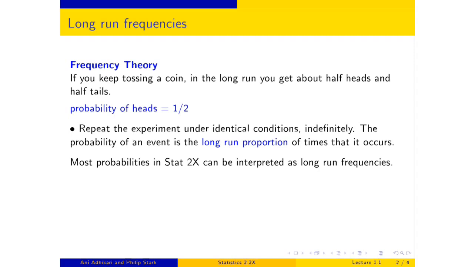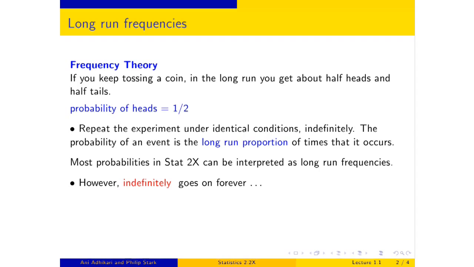With the caveats that indefinitely is a very long time, and we are all going to be dead long before indefinitely. So it's a nice idea in theory, but you really, in practical terms, are going to have to imagine that proportion settling down as you approach the long run.